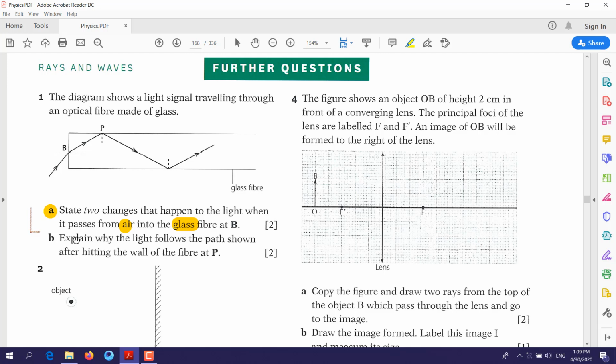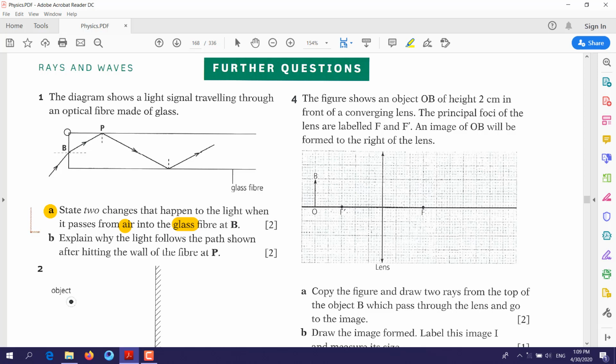B. Explain why the light follows the path shown after hitting the wall of the fiber at P. Now, here what happened? When the light passed through the glass and reached this point, it reflected. But how did it reflect? What do we call this?